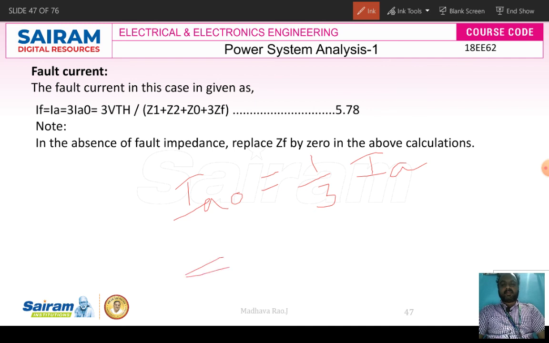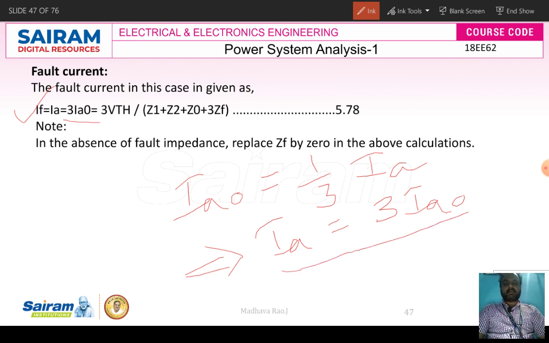So from this, IA is equal to 3 into IA naught. So we got the fault current from the above sequence component relations. IF is equal to IA, that is equal to 3 into IA naught.